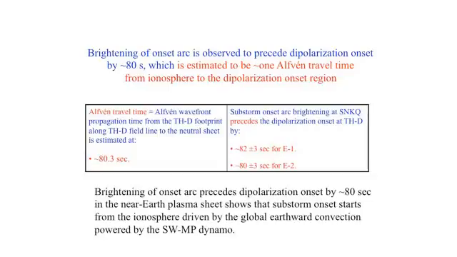That 80 seconds is then determined to be the travel time of our phase wave from the ionosphere to the dipolarization onset region. Now that's a very important statement. If that went wrong, I'll be in the hot soup.